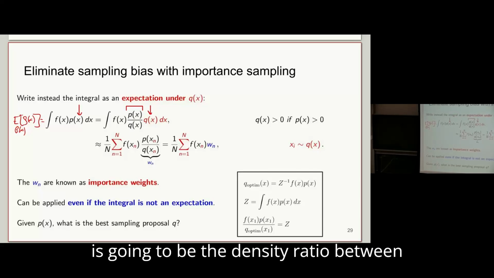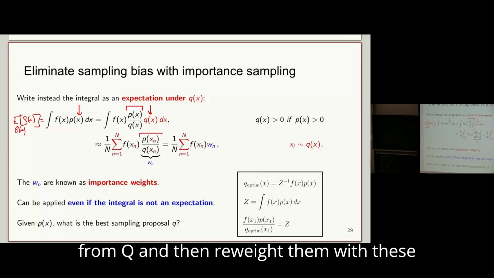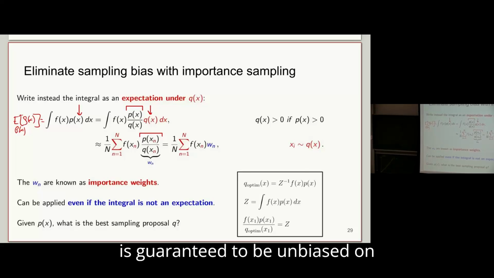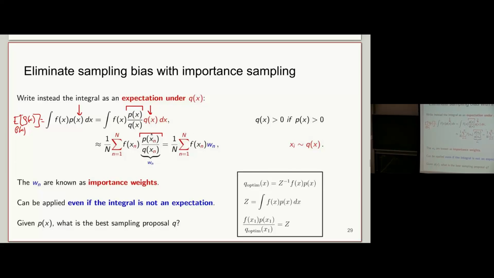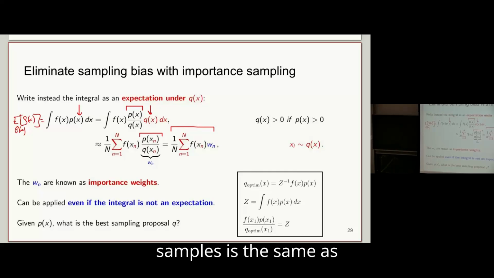This is going to be the density ratio between the target P and your model Q. If you draw a bunch of samples from Q and then reweight them with these importance sampling weights, the average is guaranteed to be unbiased in expectation. The value of this average of weighted samples is the same as the true value that you want to estimate. Okay? So you have now here importance sampling weights, and you can eliminate bias.